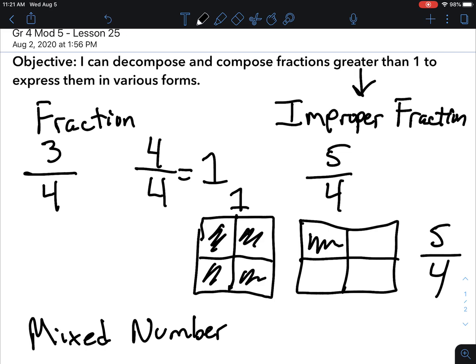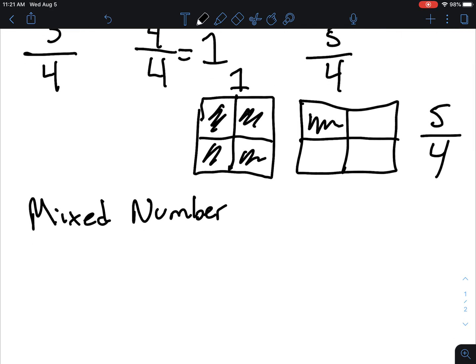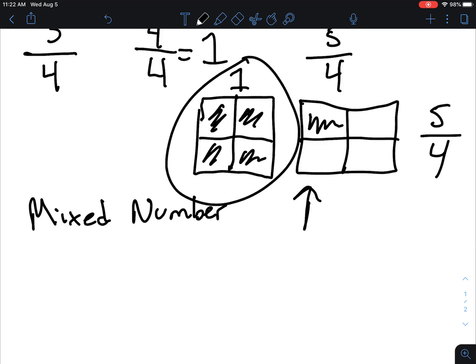But we don't ever leave fractions improper. All right? We always make them into mixed numbers. And remember, a mixed number is a mixture of a whole number and a fraction right next to it. So if you go back to our pizza example, it's really easy to see with pictures how much pizza I ate, right?